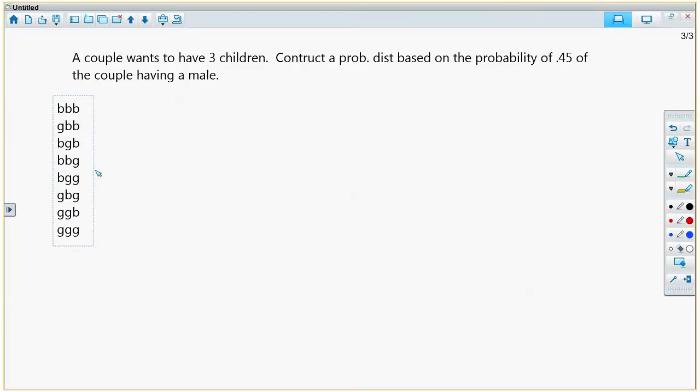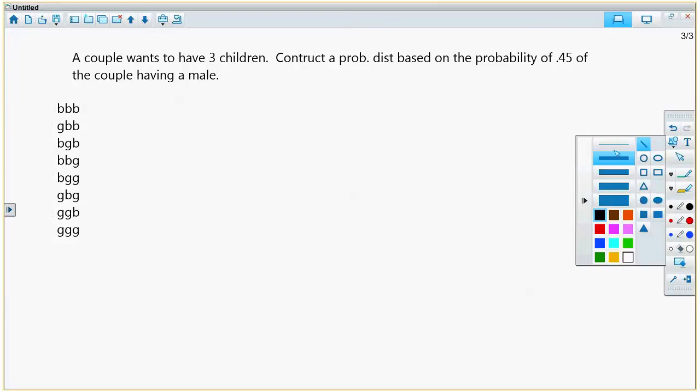Okay, now, however you want to do it, you know that there's going to be a case where you have all three what? Boys, all three girls, and then you got a couple instances in between, right? So let's make up a handy dandy straight line.